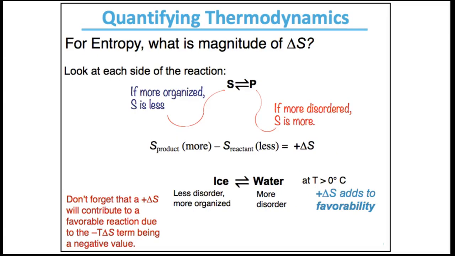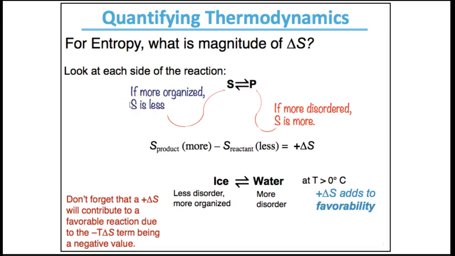Now, when we're trying to quantify entropy, which is disorder, if you have more disorder, S as in entropy is higher. When you have something that has less disorder, meaning it's more organized, then the entropy is less.